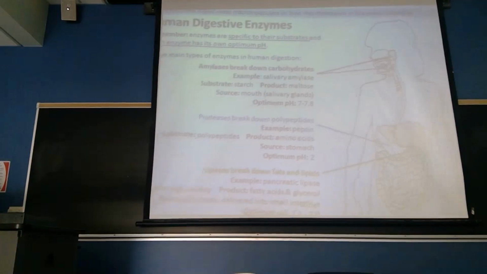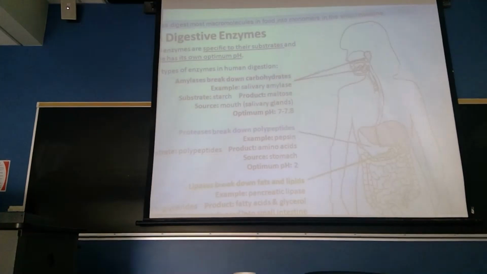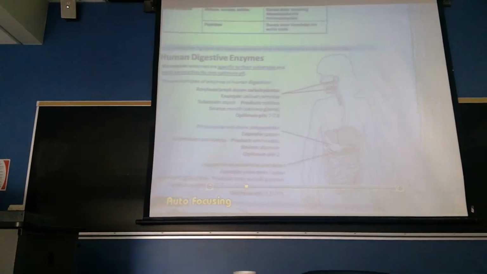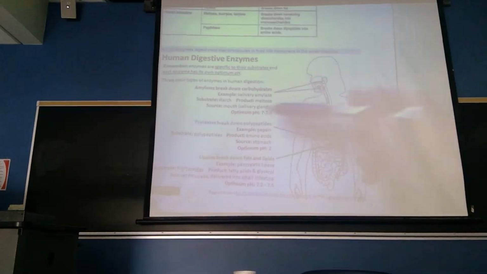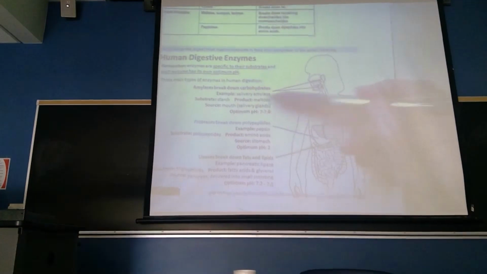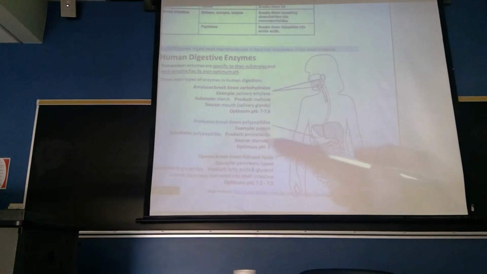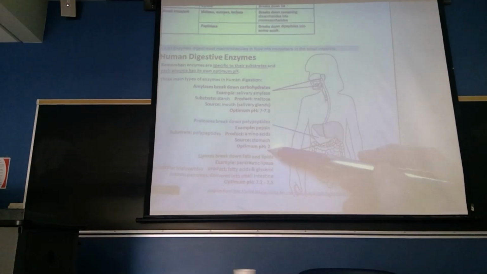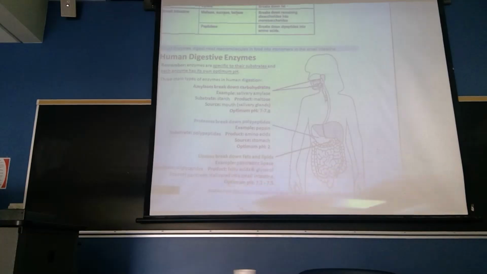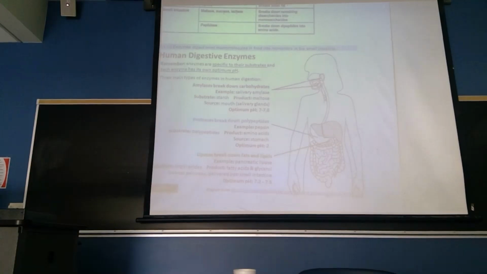With some of the human digestive enzymes, there are pH differences that are preferred. The mouth, about 7.8 for amylase to occur. In the stomach, for protein digestion, they say 2, but it's about 1.5 to 2. And then for pancreatic lipase, it goes back to 7.2 to 7.5, with 7 being neutral.